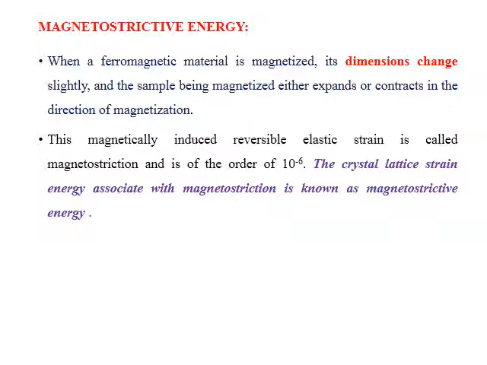This is called the magnetostrictive effect, and the energy involved is called magnetostrictive energy. This magnetically induced reversible elastic strain is called magnetostriction, and the lattice strain energy associated with it is known as magnetostrictive energy. So these four are the fundamental energies which govern the amount of magnetization.